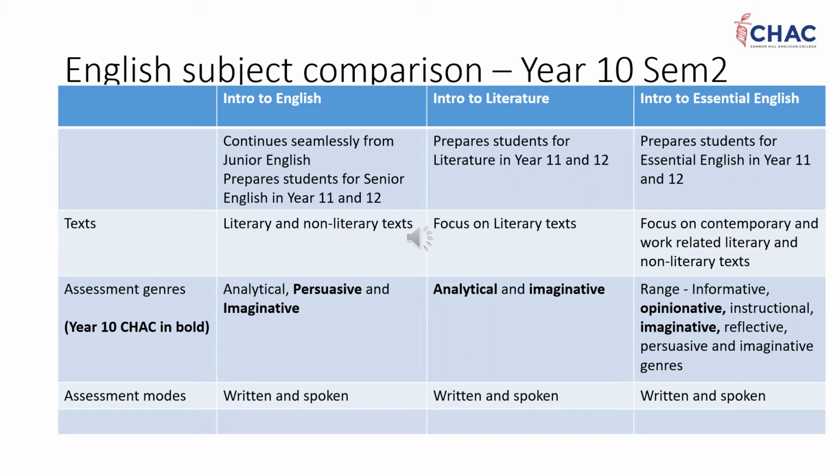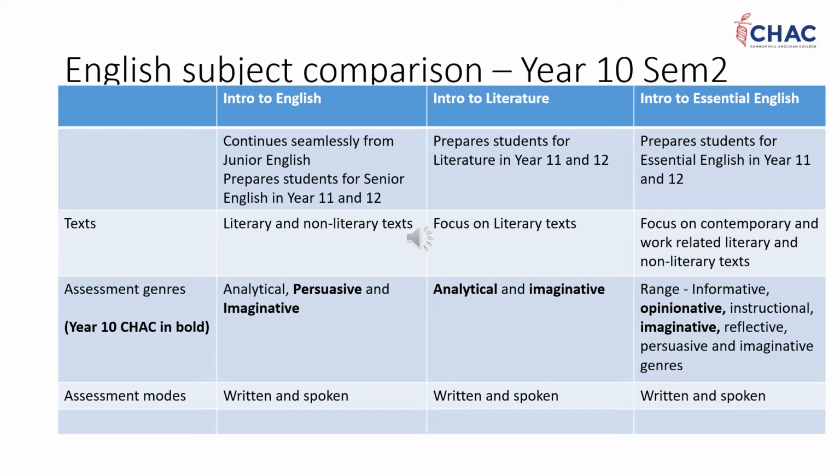The assessment undertaken in each subject is also different. In English, students continue to study analytical, persuasive, and imaginative genres, and this follows pretty much the same from what they've been doing in Years 7 to 10. In Intro to Literature, students only complete analytical and imaginative assessment tasks.